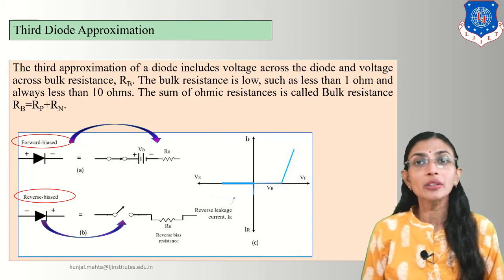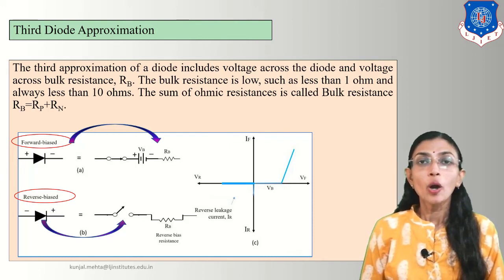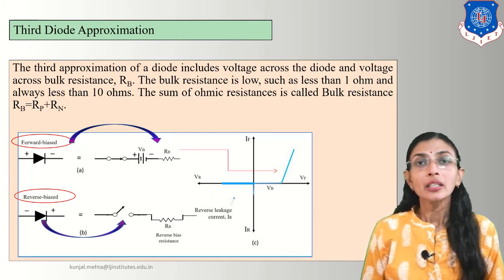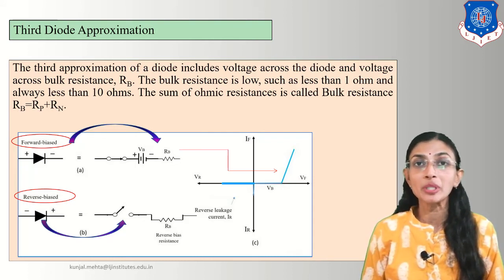So look, this is the graphical representation of V versus I. The current will flow linearly. The current increases as voltage increases after VB, meaning 0.7 volt, when it is connected in forward bias. And for case 2, the situation will always remain the same.